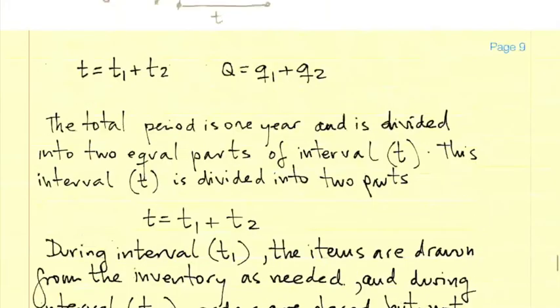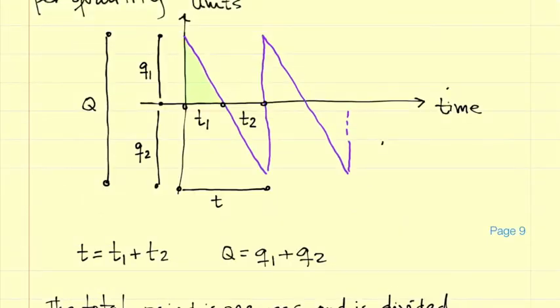So the shortage is this, T2 times Q2 divided by 2, the area of a triangle.